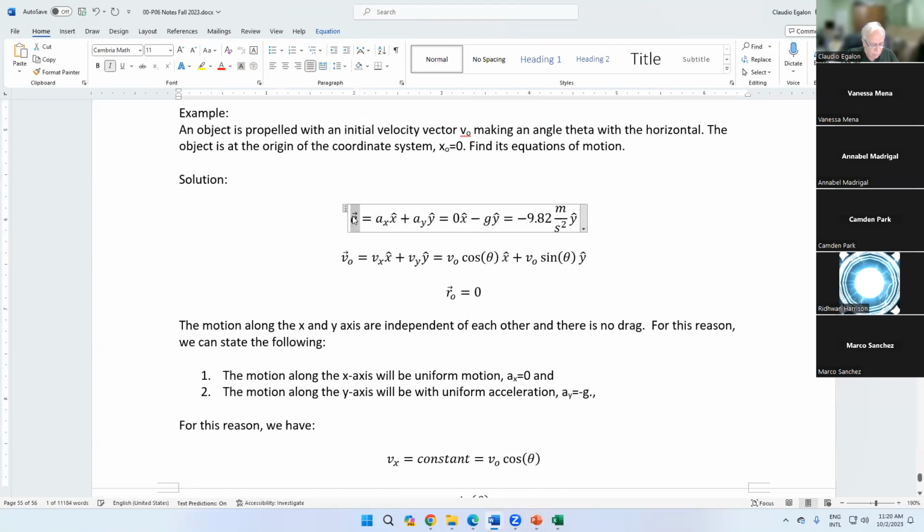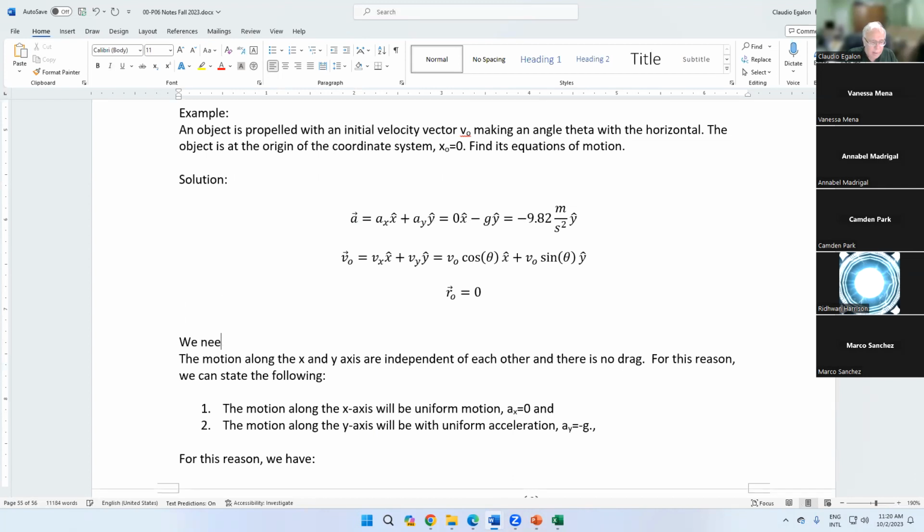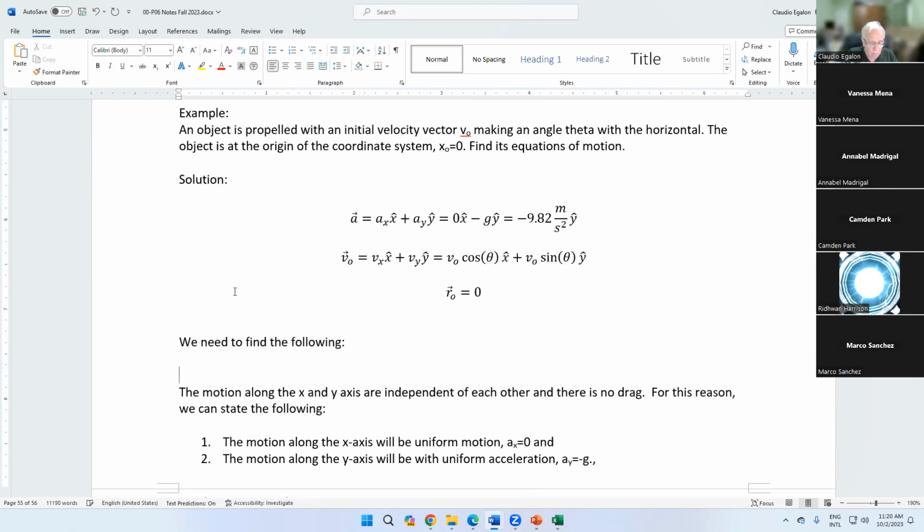And again, what do I mean about getting the equations of motion? I'm going to spell it out completely, specifically here. We need to find the following. A, we already have because we know this is a projectile motion.